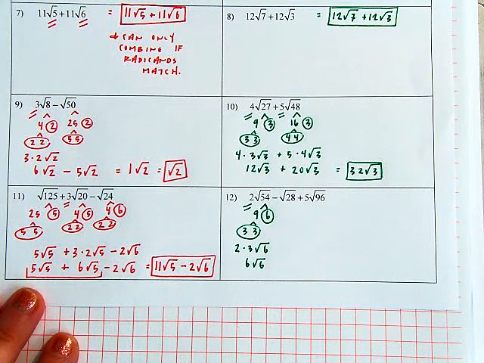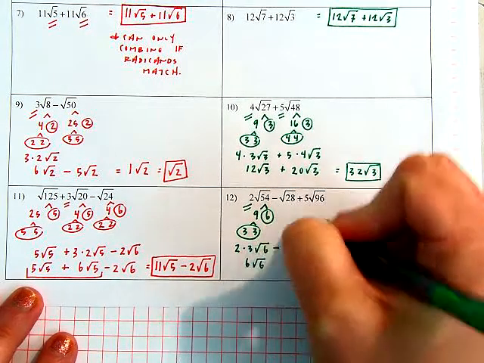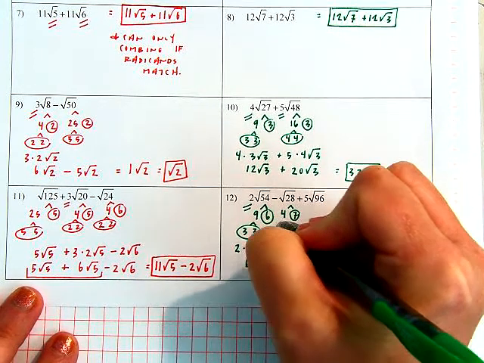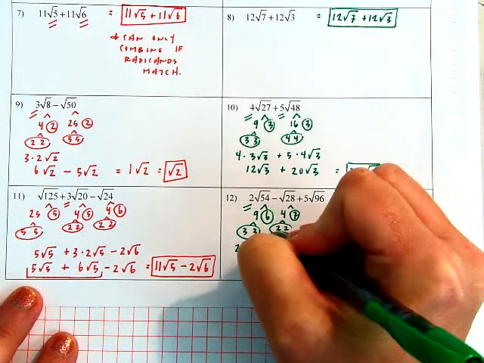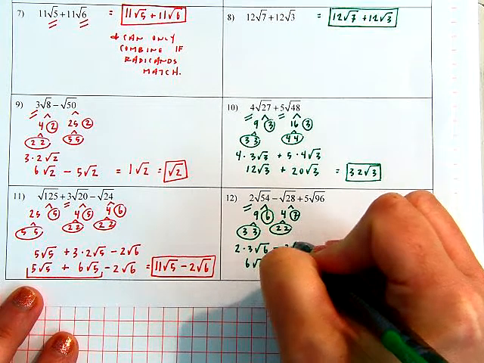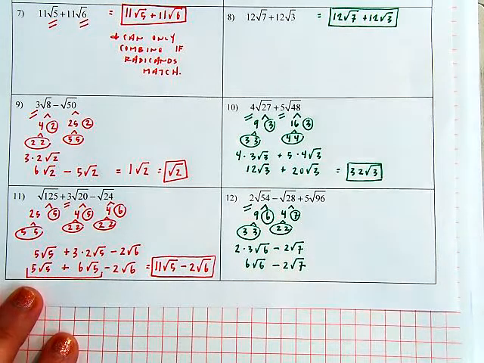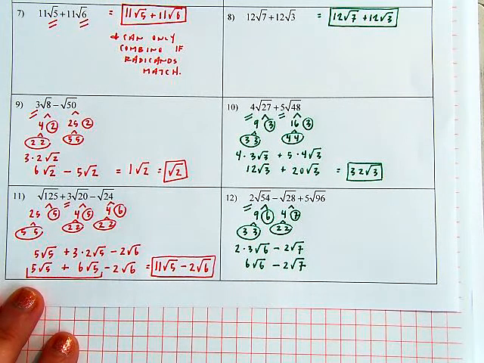Okay, next I have the square root of 28. So I know that that's 4 times 7, and that 4 gives me a pair of 2's. So 2 square root 7 next. Okay, and then lastly, I have 5 times the square root of 96.